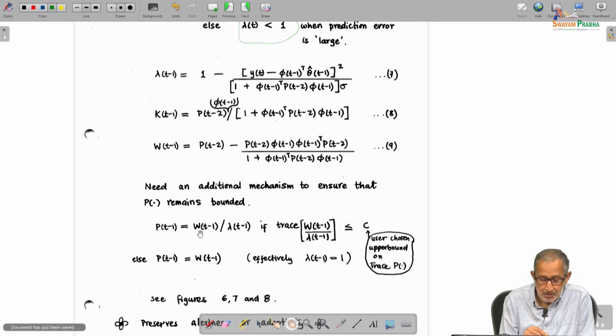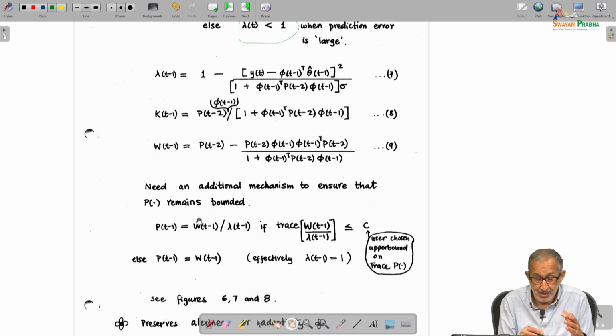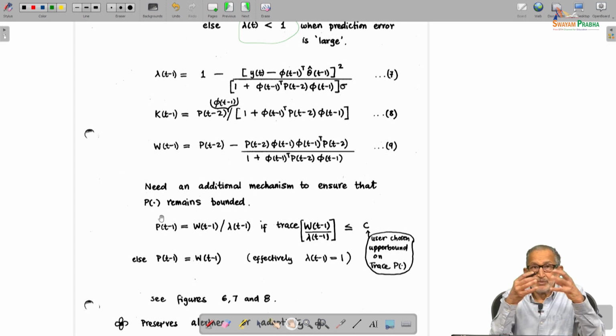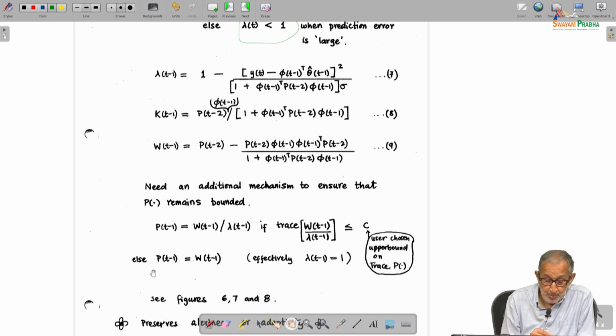So, in other words, this is to ensure that when lambda is less than 1, P t will be large. So if the trace of W divided by lambda is less than c, we enlarge, we make P larger. Otherwise, P is simply equal to W, which means lambda is effectively equal to 1.